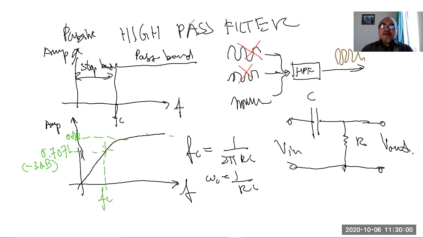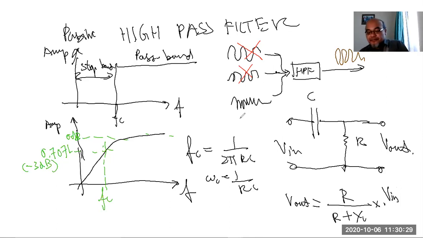So based on the circuit drawn here, the formula to obtain V output as a function of V input can be derived using the voltage divider formula. However, now we have to take into account the frequency domain. So using the reactance of the capacitor, R divided by R plus XC multiplied by the input voltage.